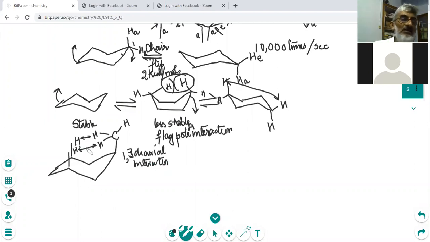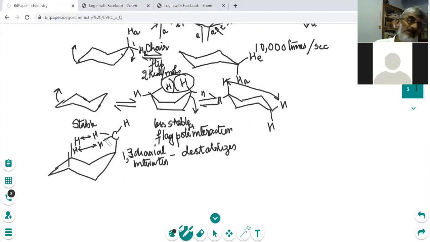Okay, so that is a destabilizing factor. It will destabilize the molecule. So this conformer is destabilized.